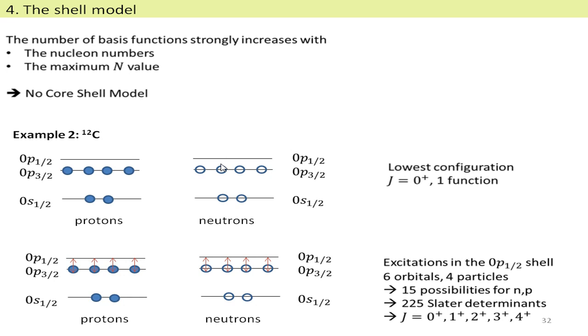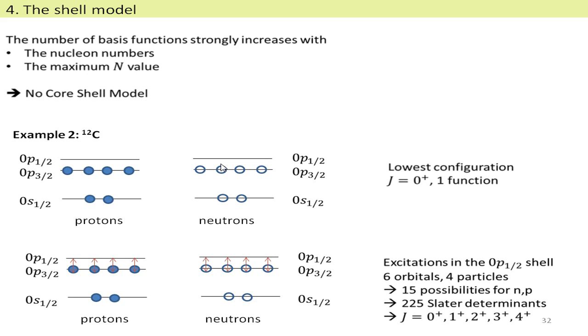Yes, but this is between two subshells, inside the same main shell, the n equal 1 shell. So these are two subshells corresponding to n equal 1. Of course, if you include excitations here, then you have more energy, and this corresponds to higher excited states.